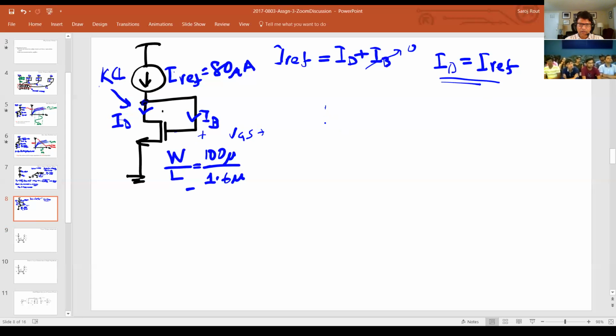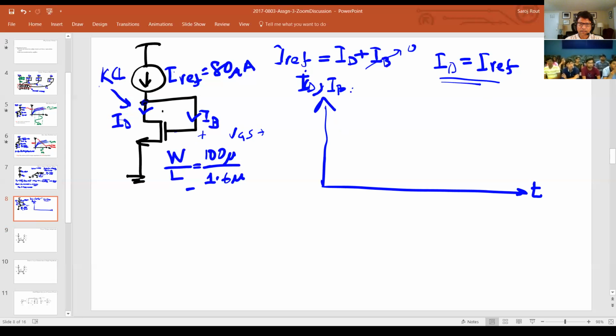if I draw, let's say, a graph of this, right? So let's say this is time, and this is your ID, and let's call it ID and IB and IREF. So the IREF is always constant.